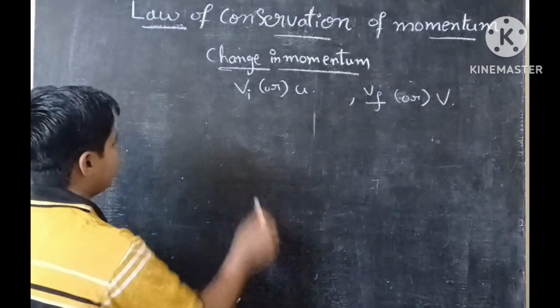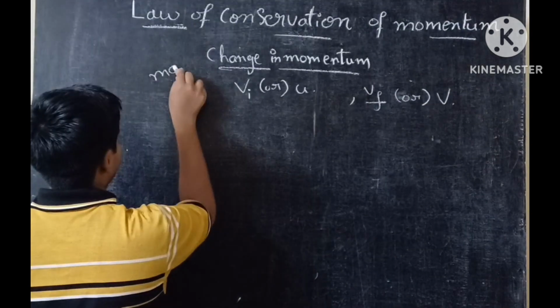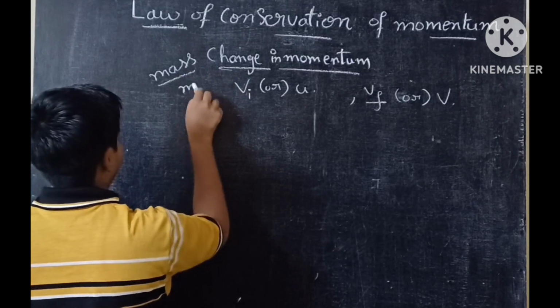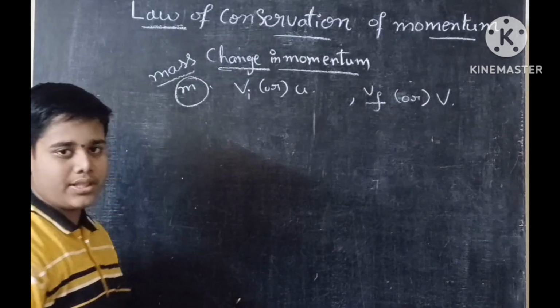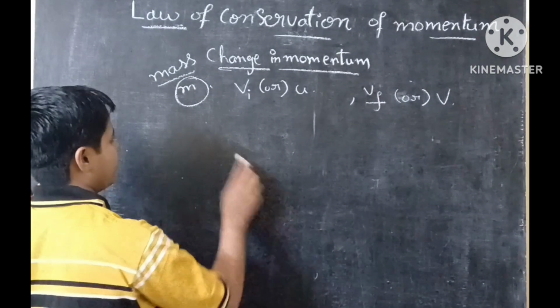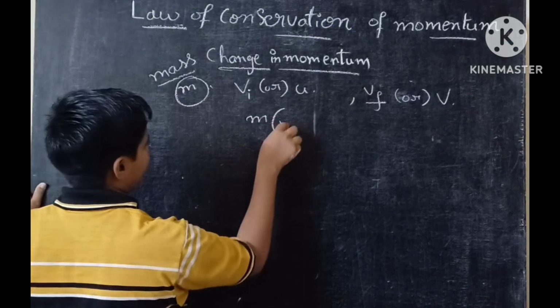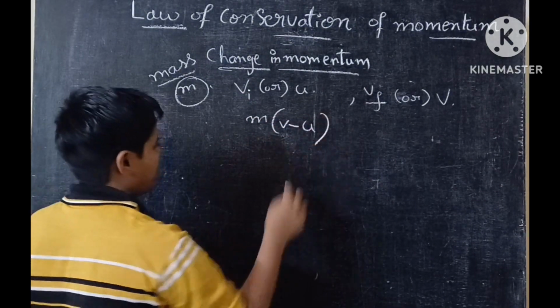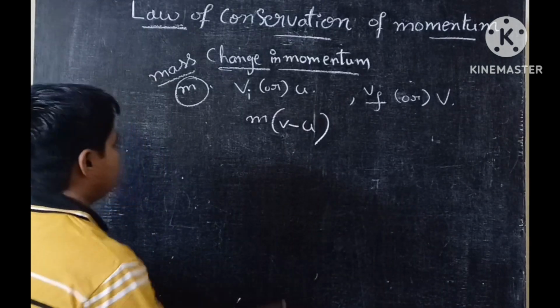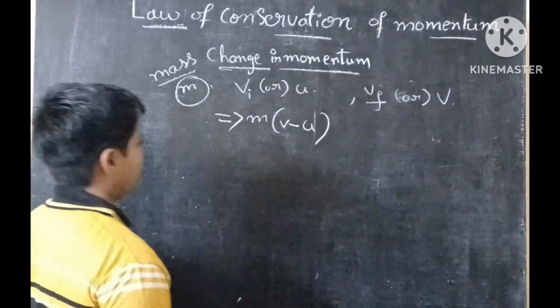There is one body of mass m. So change in momentum means mass into final velocity minus initial velocity. So this is the change in momentum.